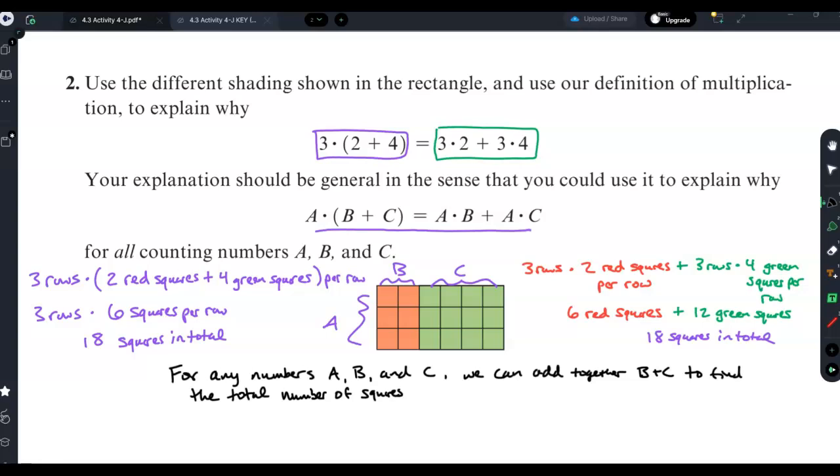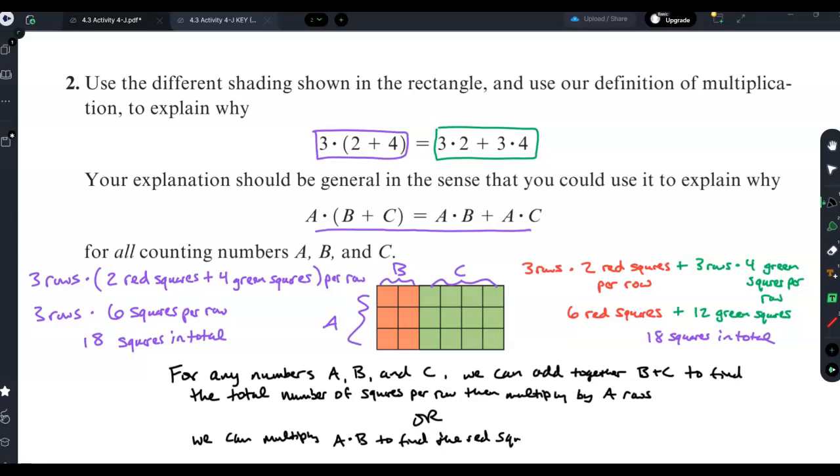So for any numbers A, B, and C, we can add together B plus C to find the total number of squares per row, then multiply by A rows. Or we can multiply A times B to find the red squares, and A times C to find the green.